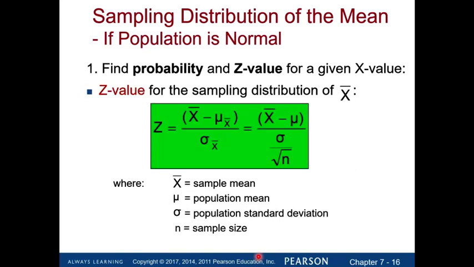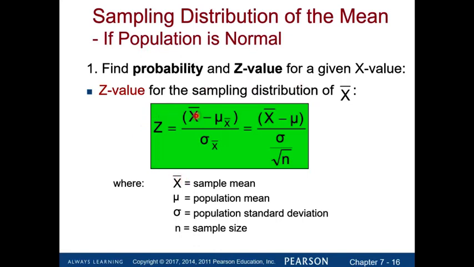Now let's see how we solve this problem. In order to solve question B, we first need to know the formula of the Z value for sampling distribution. As you can see, it is slightly different from the Z value of normal distribution.